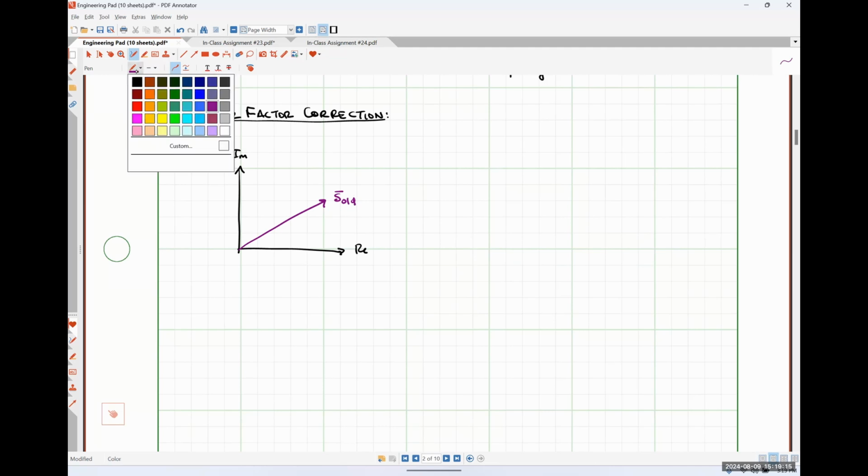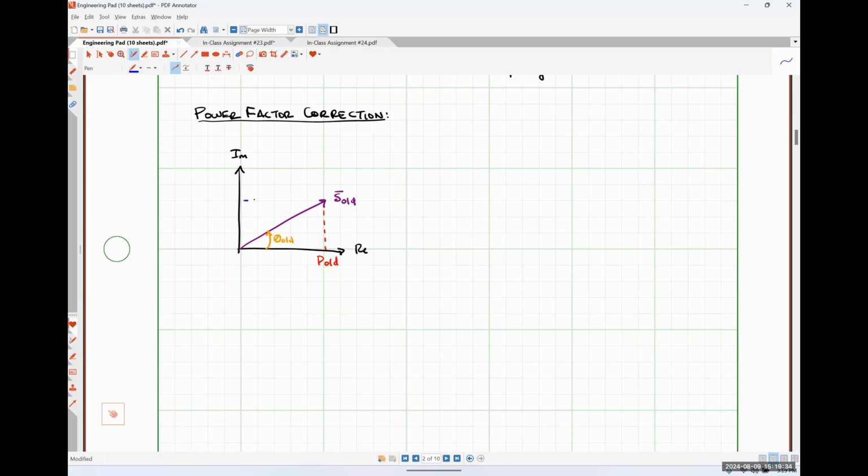And then this angle right here is going to be theta old. Well, the projection of S old onto the real axis is going to be P old, and the projection of S onto the imaginary axis is going to be Q old. So we haven't really done anything new yet.